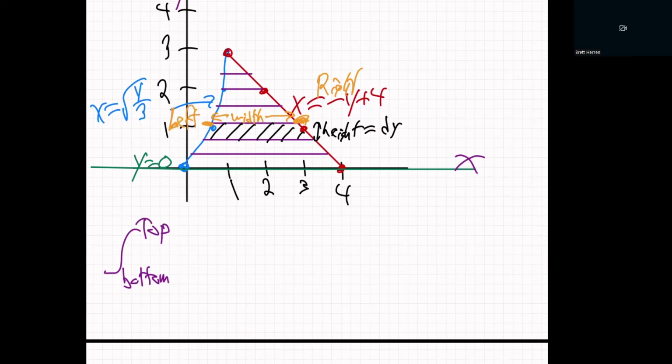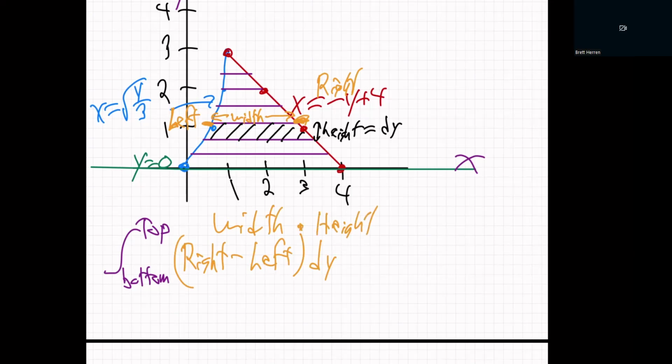The right point minus left. So I'm going to go right minus left, dy, because that's the width and that's the height. The height is dy. The area of a rectangle is width times height, right?